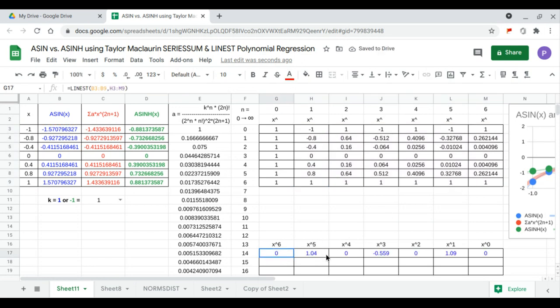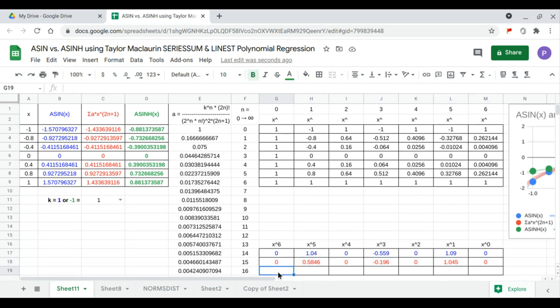These are the polynomial regression coefficients of the arcsine. Now the expansion, which is equal to LINEST data y and data x. These are the polynomial regression coefficients of the Taylor series expansion.